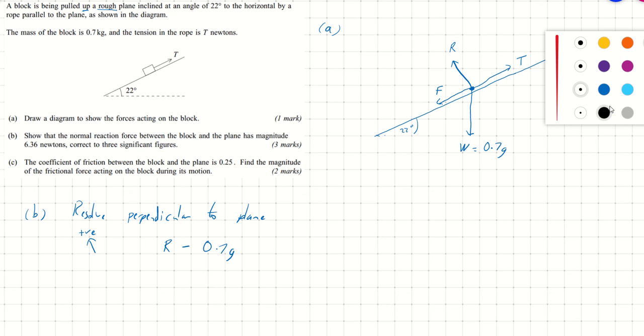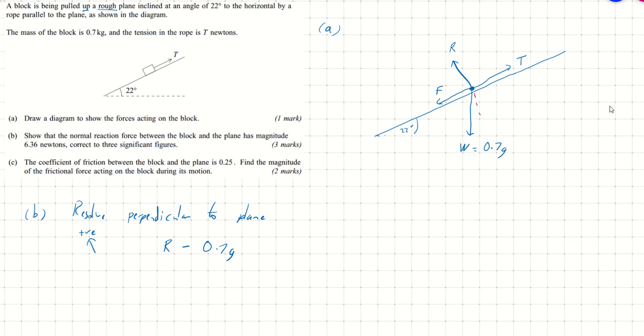So we can break down weight into two components, and the angle here is 22. The component acting perpendicular to the plane, downwards, is 0.7g cos 22.